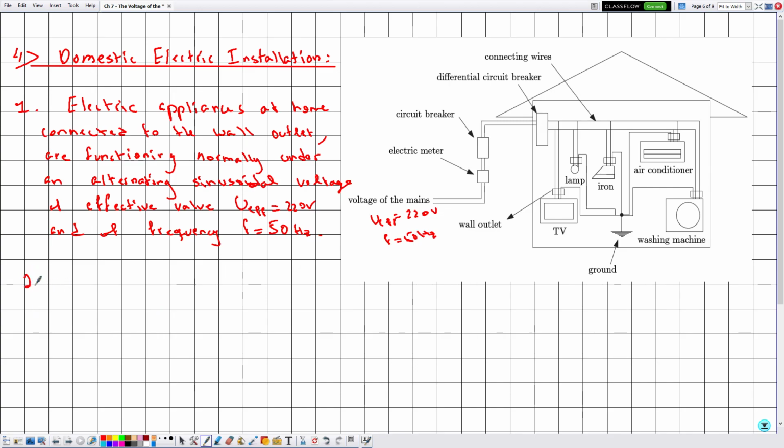Now idea number 2, as I have mentioned previously, these electric appliances, and by the electric appliances I mean the TV, we have also the lamp, we have the iron, and we can list them all, the washing machine, the air conditioner, are connected in parallel.